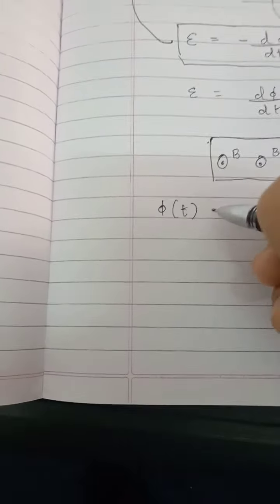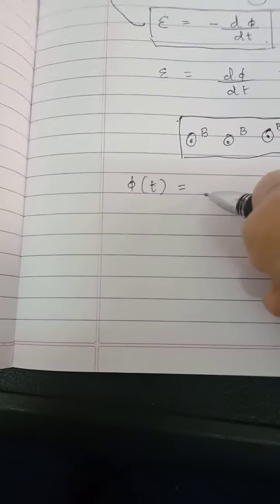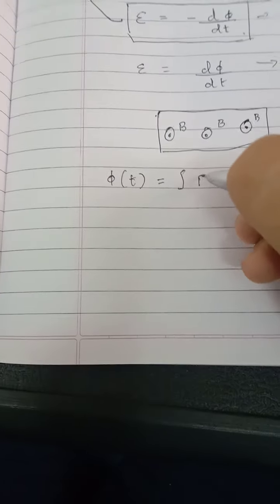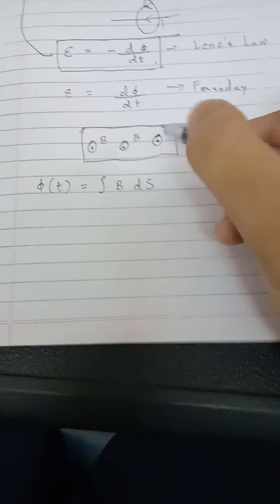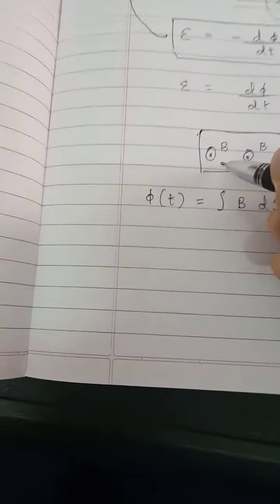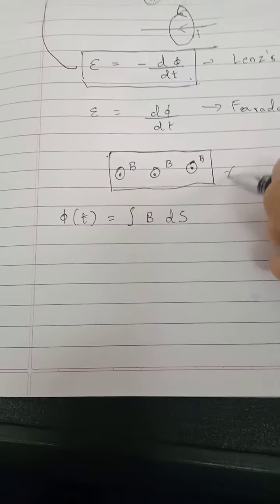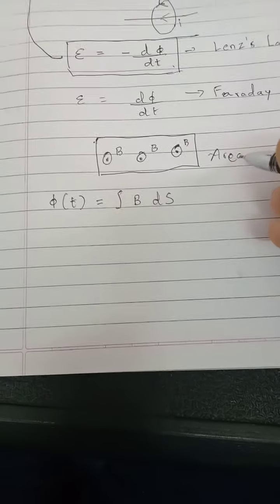So the formula is phi of t is equal to the integral of B dS. Yes, the summation of the total B field over this area S. So I'll just call this area S. This is the value of phi.